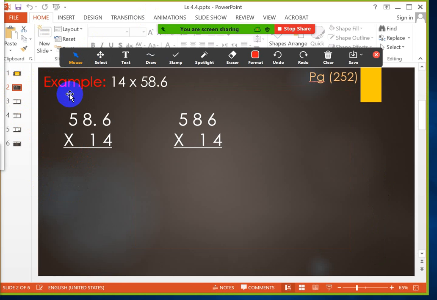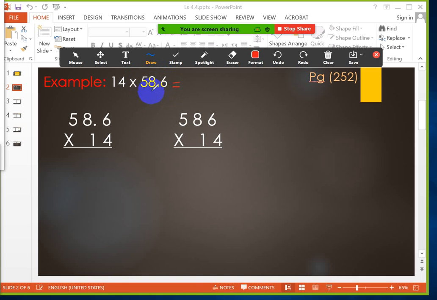Look at this example. 14 multiply 58.6. Okay, so according to the place value, if I want to multiply this number by using expanded form first, you know that expanded form, as we learned last year, is how to write the number or how to break the number according to the value of each digit.